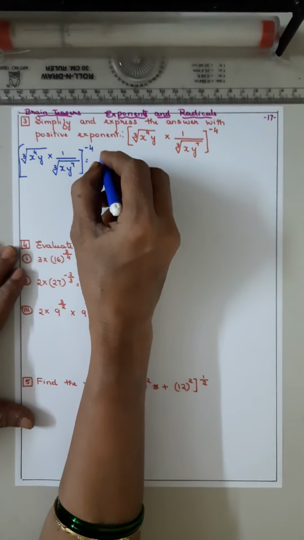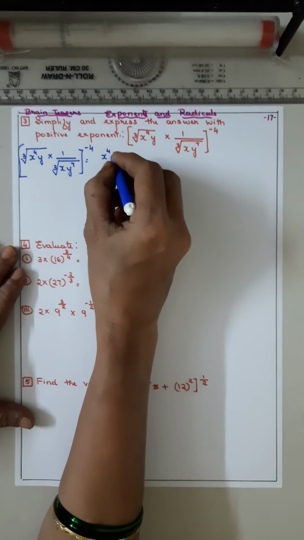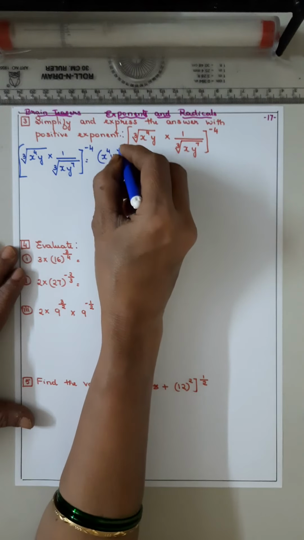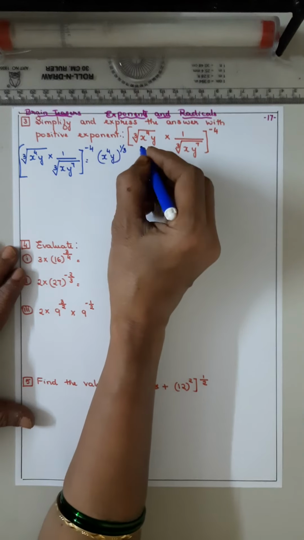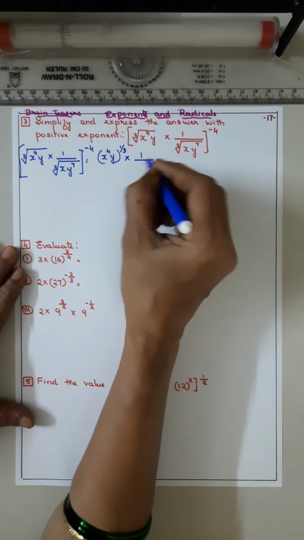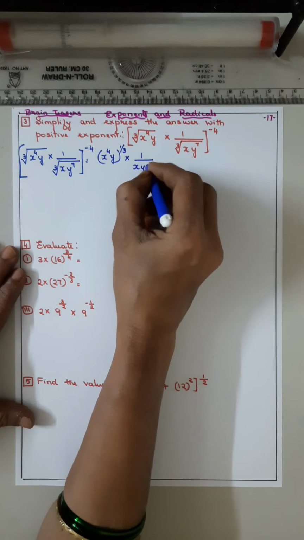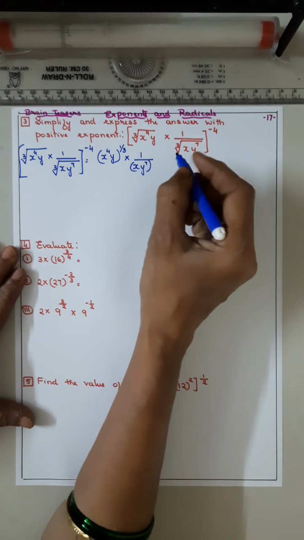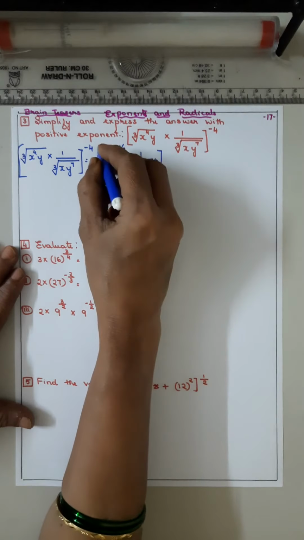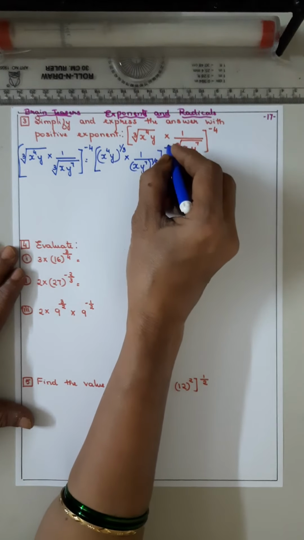So when you convert into exponential form, it becomes x to the power 4 y the whole raised to 1 by 3, isn't it? Into 1 upon xy to the power 7 the whole raised to 1 by 3, the whole raised to minus 4.